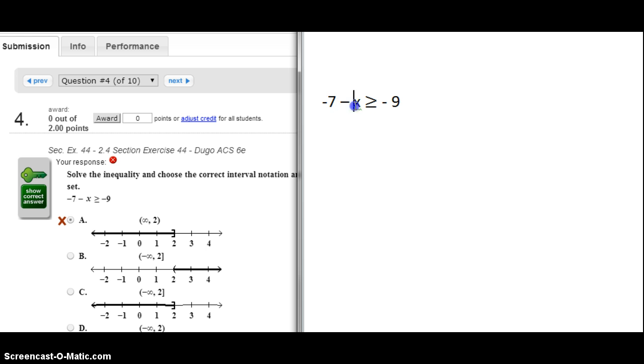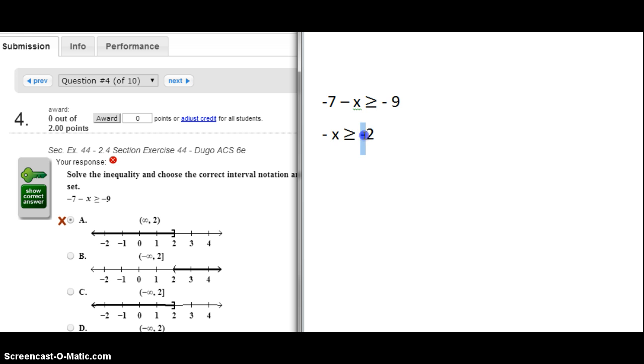To solve this, you want to get x all by itself. First thing we want to do is get rid of this negative 7. And to do that, we'll add 7 to both sides. When you add 7 over here, the negative 7 and add 7 cancel out, so you just have the x. And when you add 7 over here, you'll have only negative 2. Negative 9 plus 7 is negative 2.